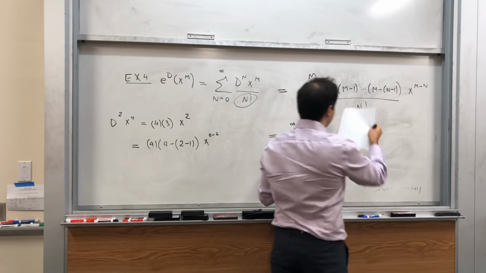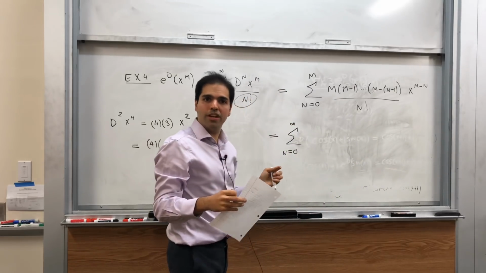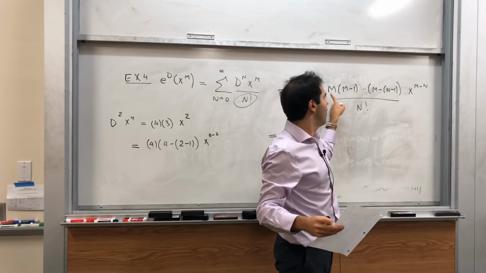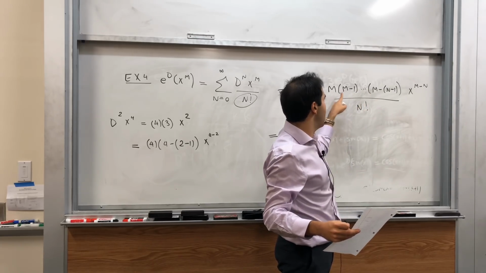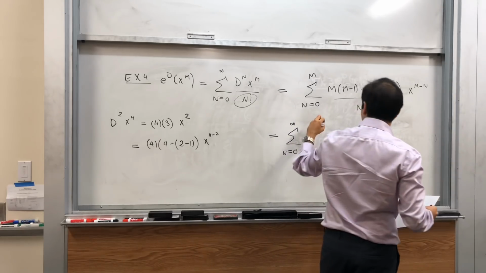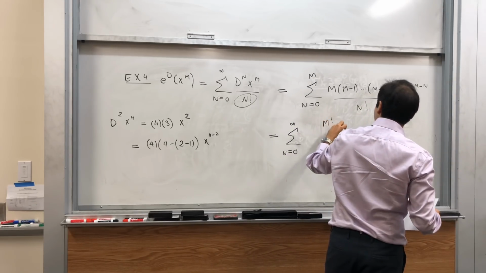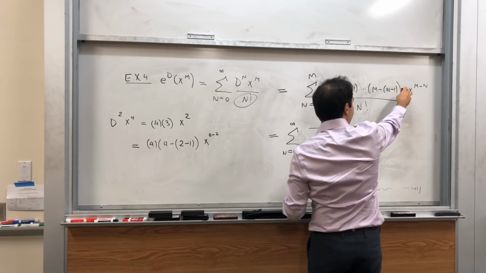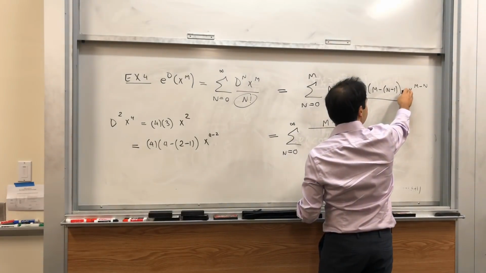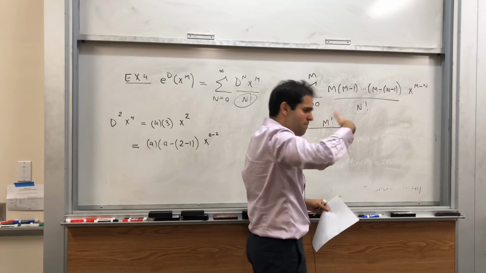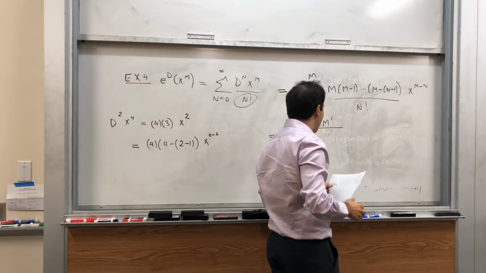Okay, but this is a very complicated expression. But notice, this is sort of the start of a factorial, because you do m times m minus 1, except you stop at m minus n plus 1. So what this becomes is m factorial over m minus n factorial.